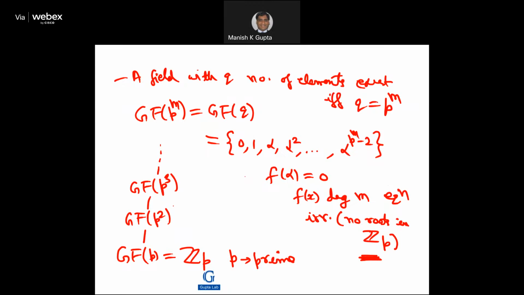It was ax square plus bx plus c is equal to 0, where a is not equal to 0, and a, b, c are in Z6 or Z4, integer modulo 4 or integer modulo 3. How do you solve it? Can you give a formula? They are still struggling. Maybe you can help them. And for that, you require another cup of tea or coffee. Anyway.